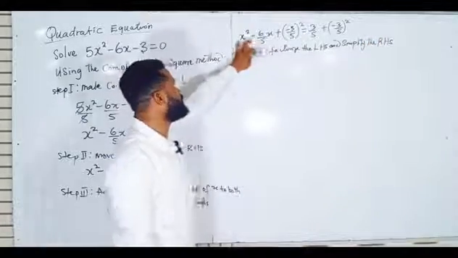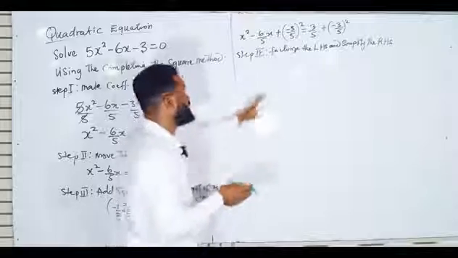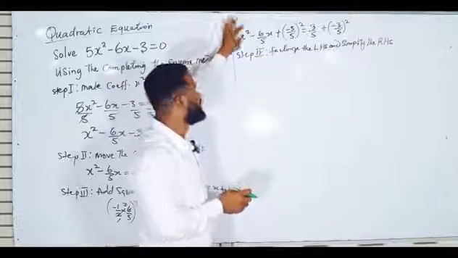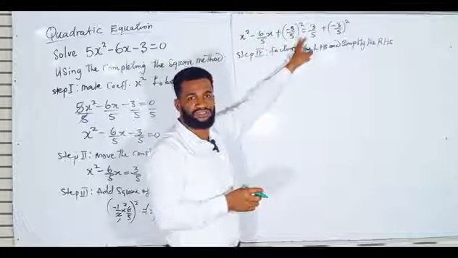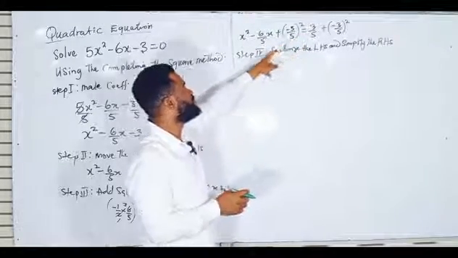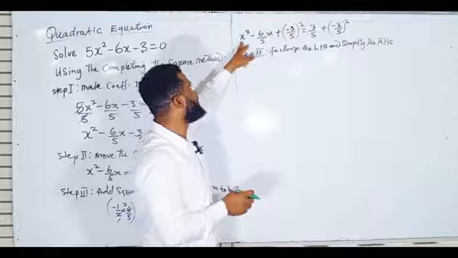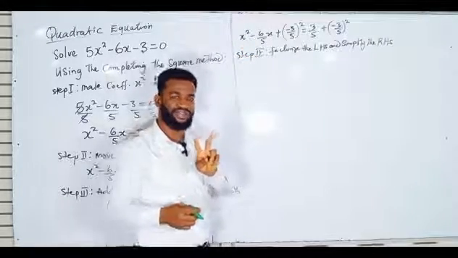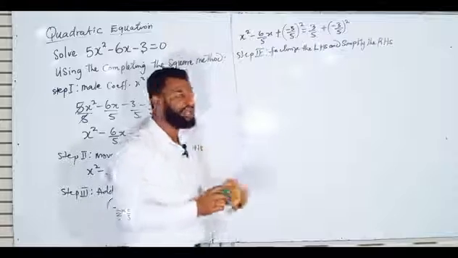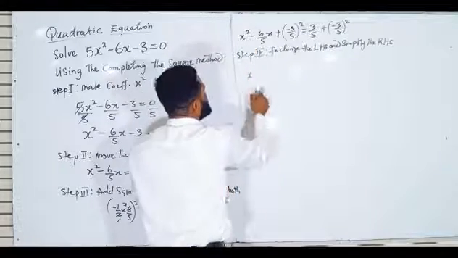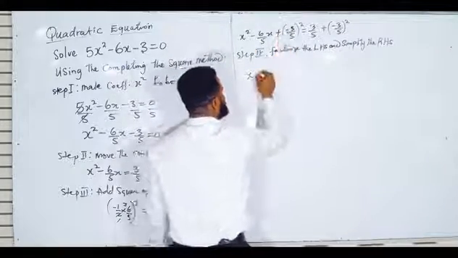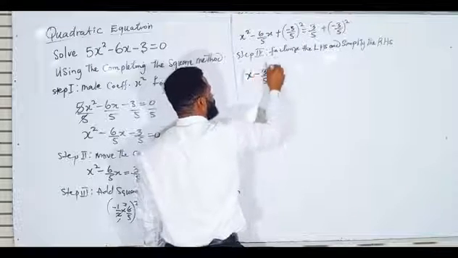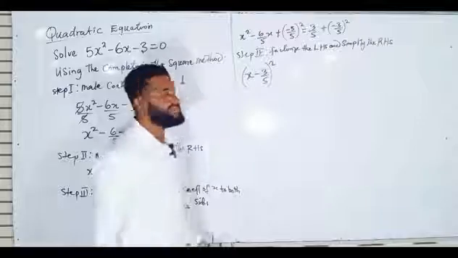The left hand side is now a perfect square, while the right hand side is just an expression or fraction. So let us factorize it. In factorizing a perfect square, remember the first term has a square, the last term also has a square. I will pick one x, because x times x gives you x squared, then minus 3 over 5, all squared. I have factorized it.